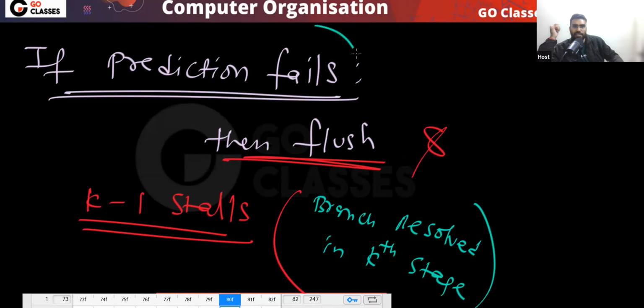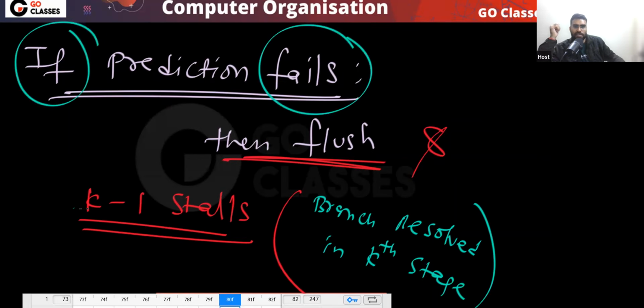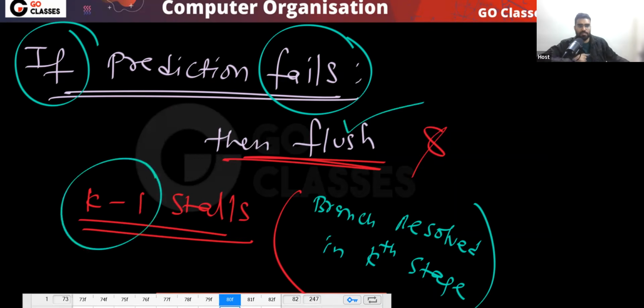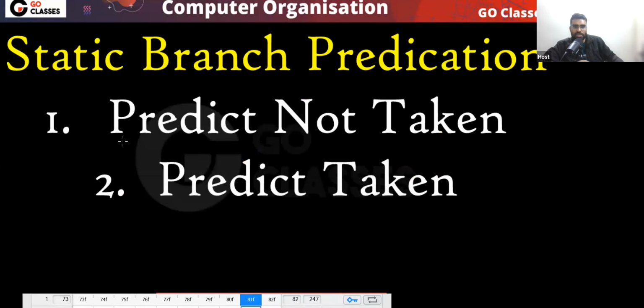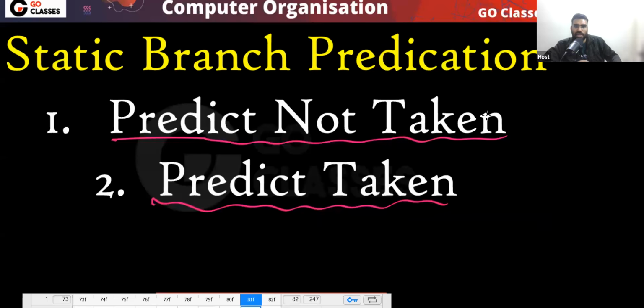So if prediction fails, then flush, and K minus 1 stalls. These are your solutions. There are two types of solutions. One solution is branch predict not taken: every time you say it will not be taken. Another solution is every time you say it will be taken.